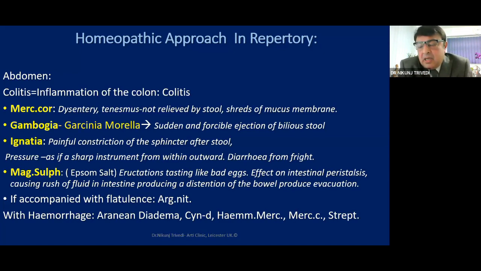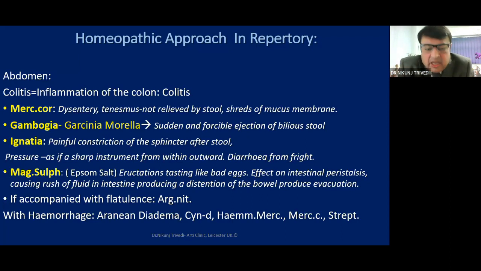An Ignatia patient always has suppression of emotions. The patient is always nervous, always anticipating things in a different way. And with that, fright is making the patient secrete more adrenaline. With the secretion of more adrenaline, the patient has more frequency to go to the toilet. The patient is getting panic. So this is a typical Ignatia picture.